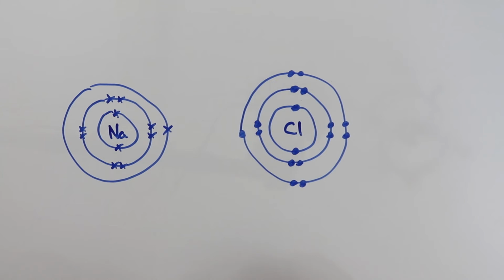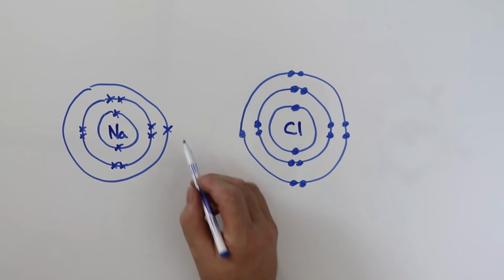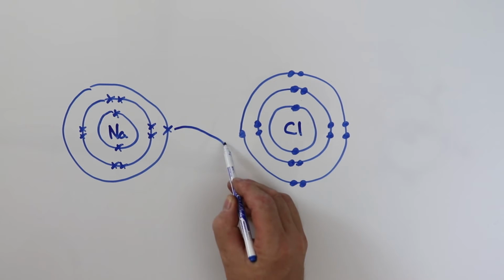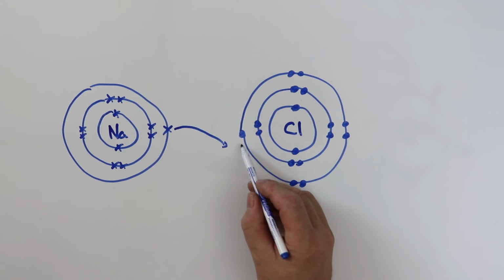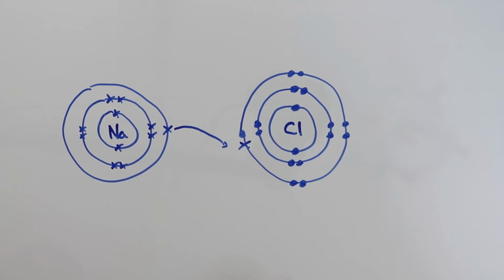Now, chlorine reacts with the sodium. The chlorine takes this electron from the sodium and puts it in its shell.